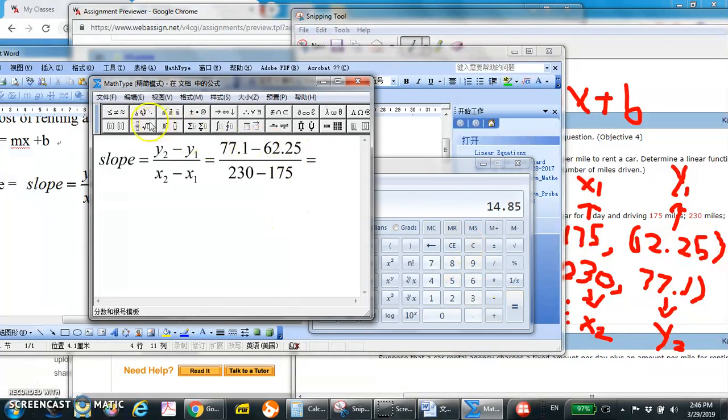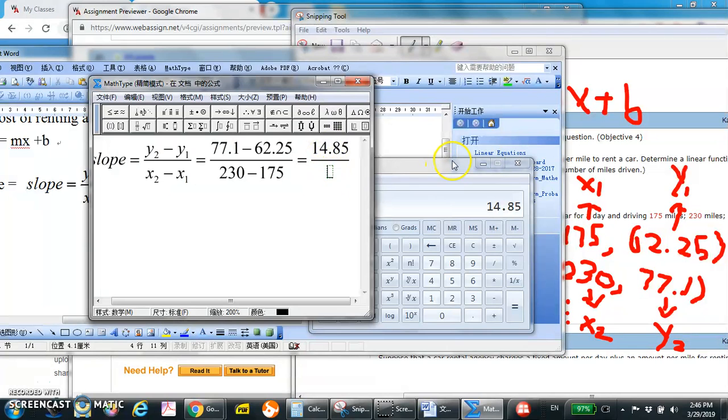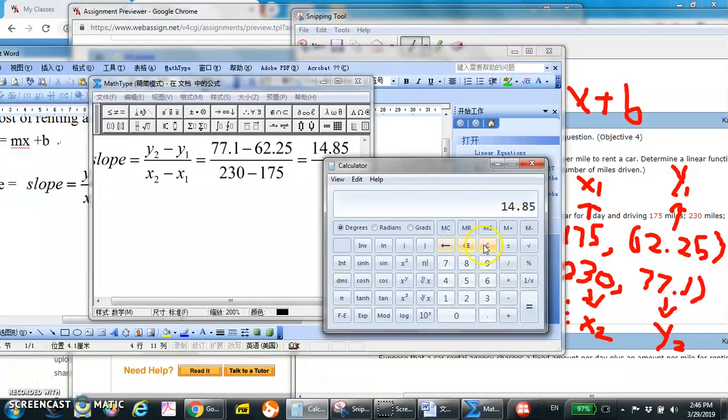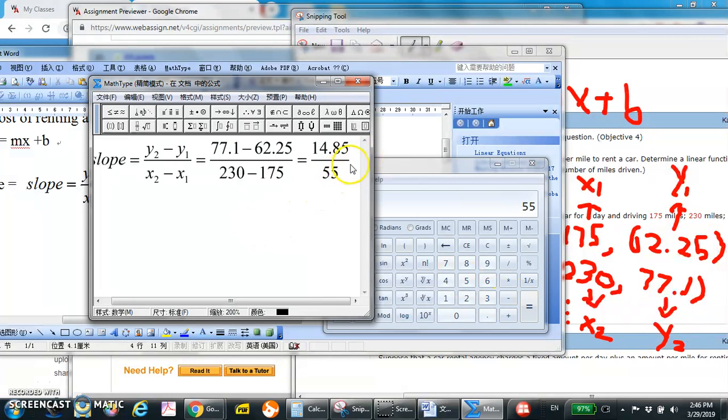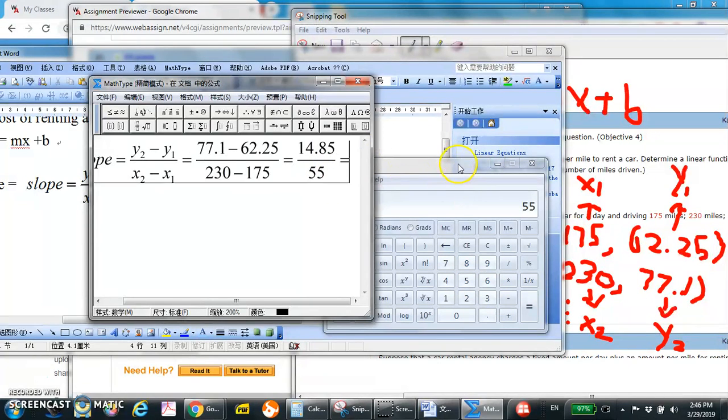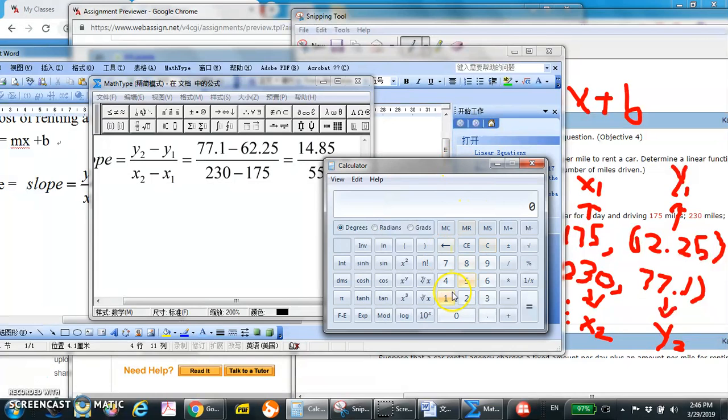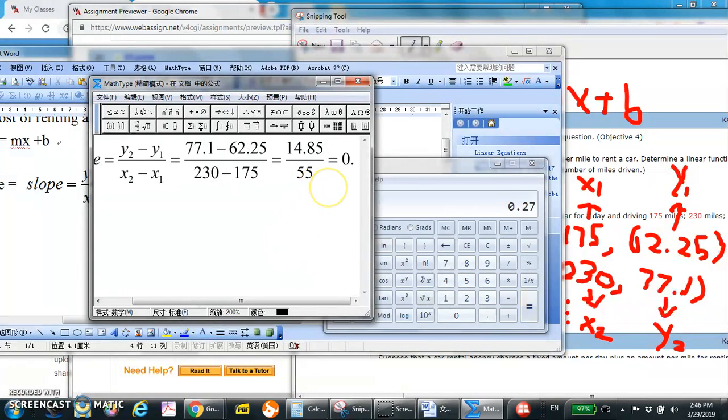So the numerator is 14.85 and the denominator is 55. So the slope is 0.27.